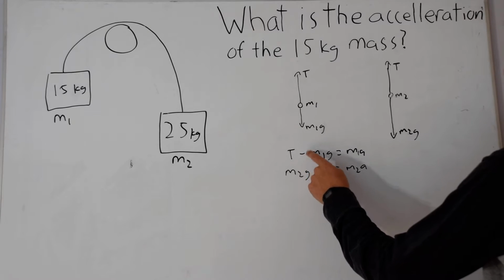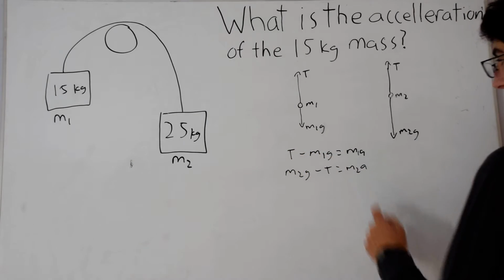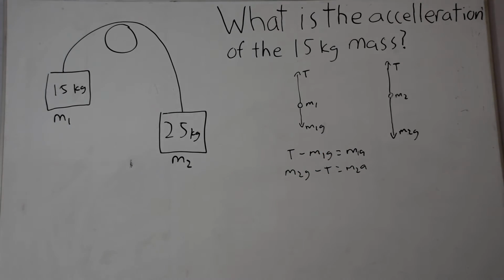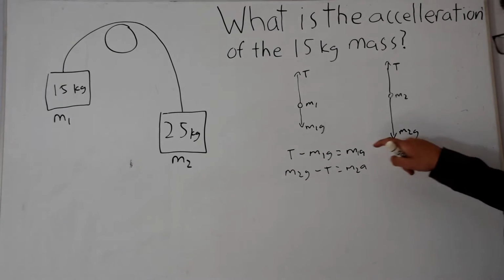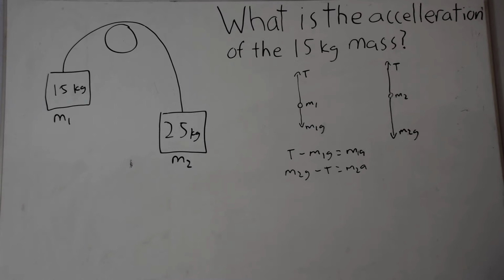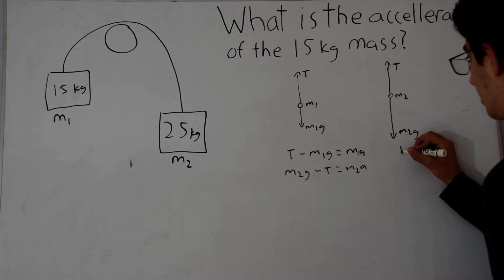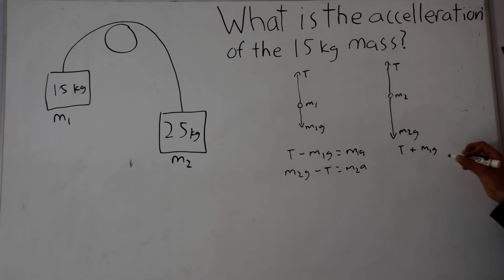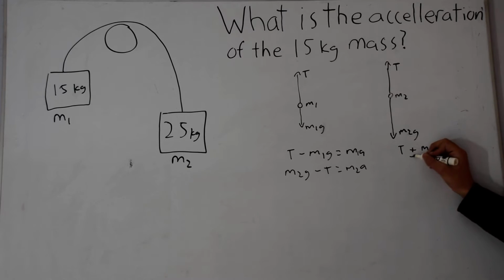And another thing is that for the smaller mass I did tension minus the force of gravity, and for the larger mass I did the force of gravity minus tension. And the reason why I do this is because what I should be doing is just adding the two forces up. And this acceleration for M1 should be upwards, and this acceleration for M2 should be downwards. So, if I took into account direction, what would happen is I would have the tension force upwards, plus the force of gravity, which is downwards, so it's going to become minus.